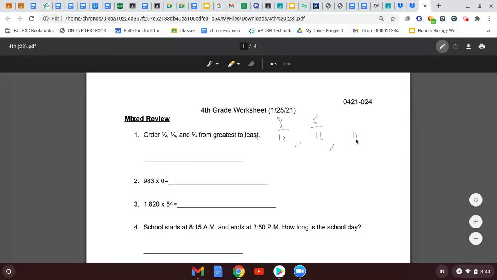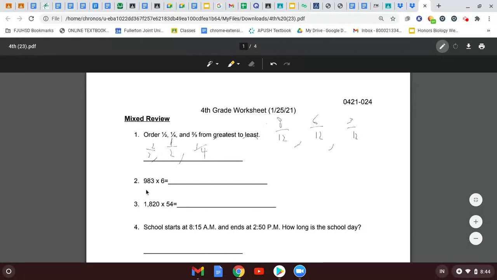So 12 and 3. So the order, since this is originally 2/3, since this is originally 1/2, to 1/2. This is originally 3/12, just do 1/4. Okay.